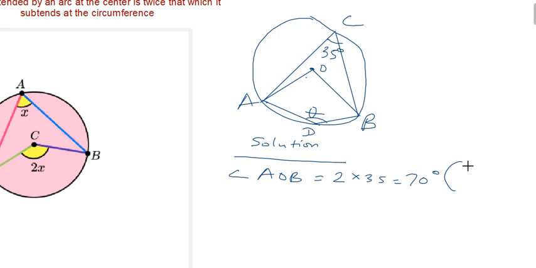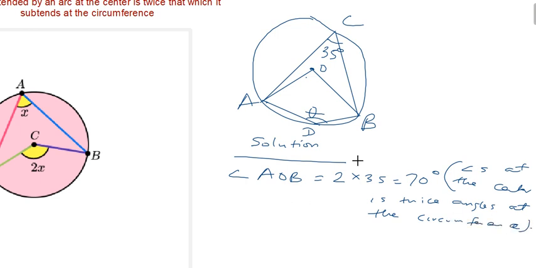Remember to always state the theorem: angles at the center are twice angles at the circumference. So we already know this angle AOB is 70 degrees. Then we can proceed.